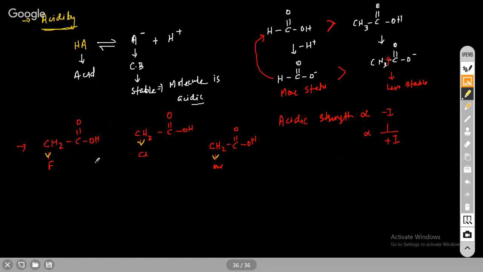Electron withdrawing group is what? Minus I. All these are minus I. So minus I group, we know, increases the acidity of any compound. Correct? So more the minus I, more will be the acidic nature. So acidic nature will be maximum for fluorine and minimum for bromine. Clear? Yes or no?